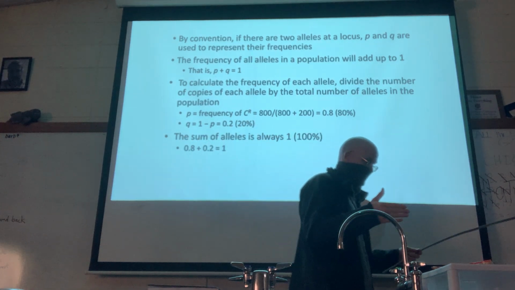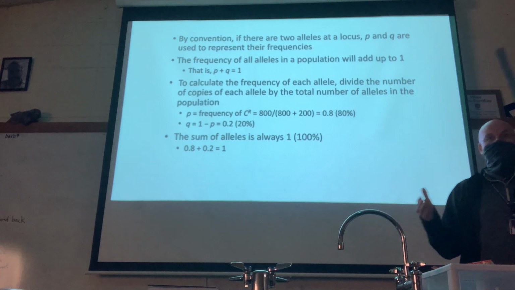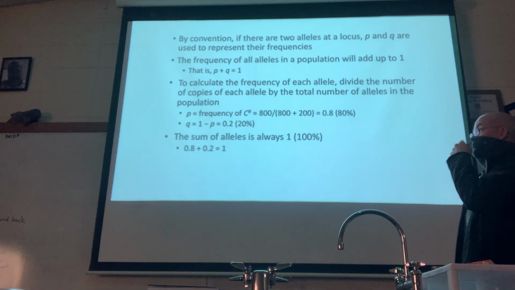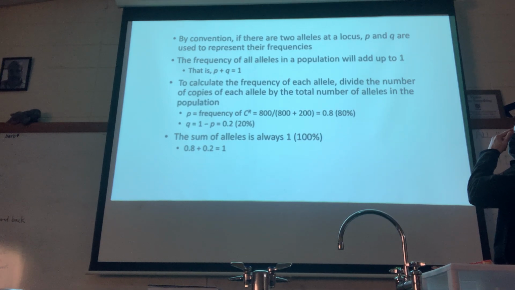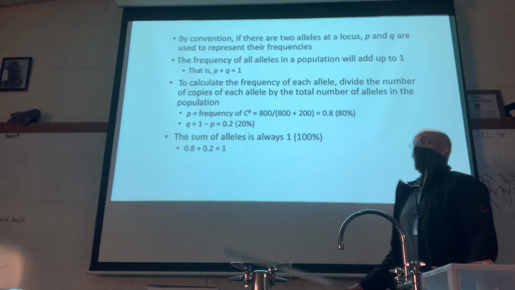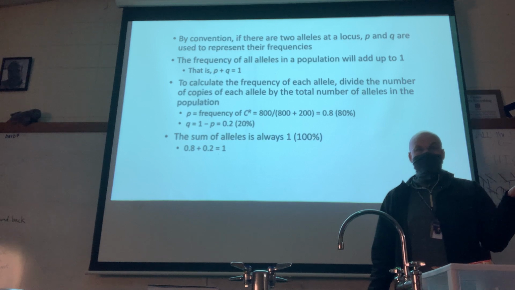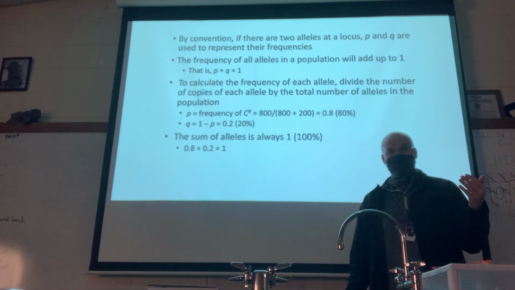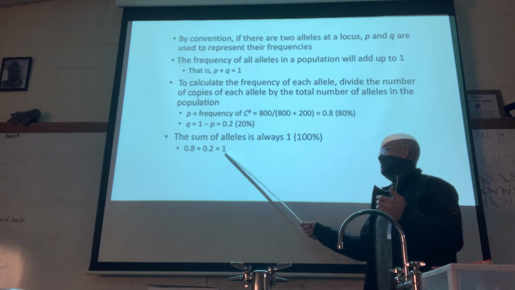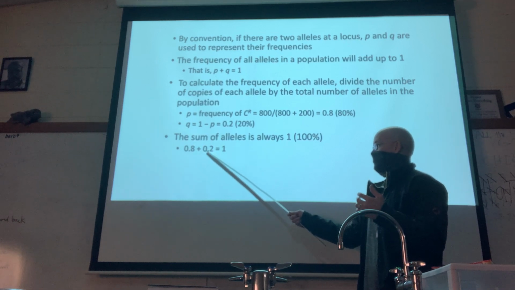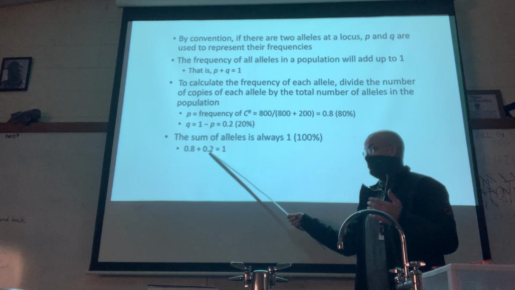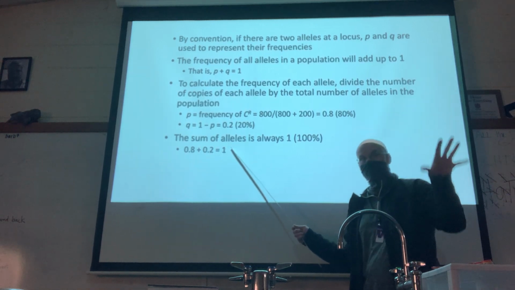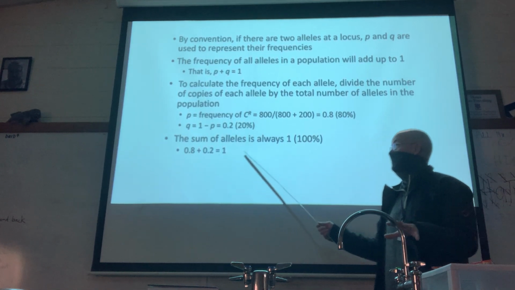P is for the dominant allele, Q is for the recessive allele. And they have to equal 100%, or when we deal with frequency as opposed to percent, 1. So 0.8 and 0.2, or 80% and 20%, is the one whole pool that we're dealing with.